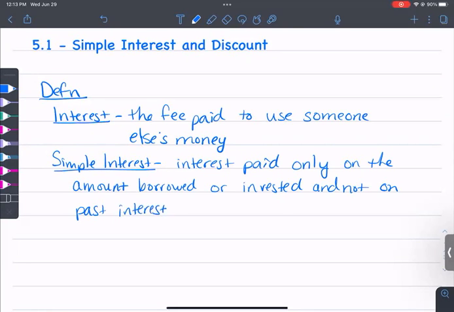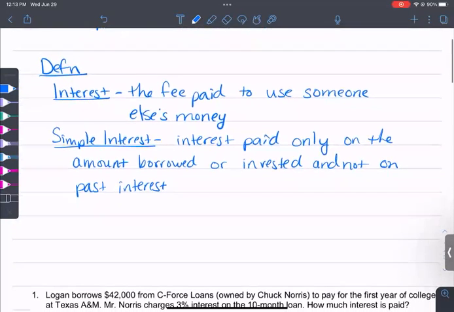A little bit later, we'll talk about the type of interest that is built on the amount borrowed and the past interest. You'll need to know what principal is.